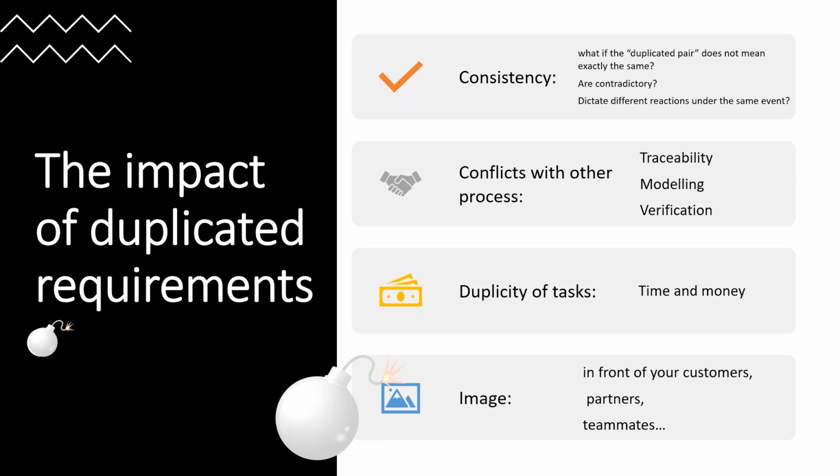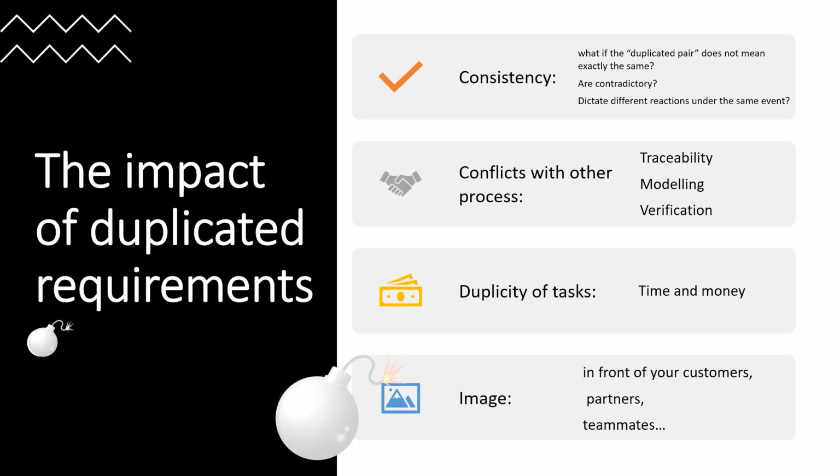So I duplicate the requirement for the length of the antenna of a satellite, but I'm giving different numbers perhaps in this couple of requirements. Or even worse, what if I am speaking about functional requirements with contradictory functionality, or dictating different reactions under the same event. So all this is what I consider consistency, and of course this is one of the key impacts of such duplicated requirements.